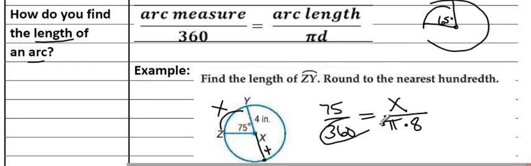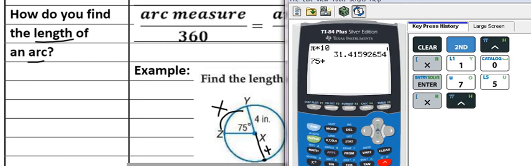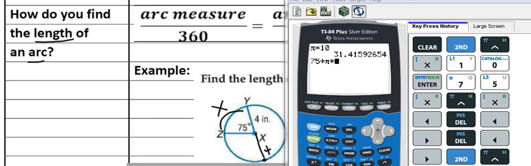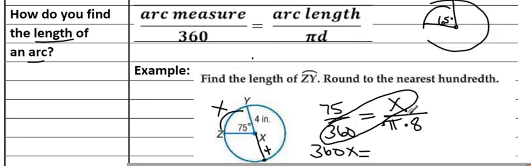And then I just cross multiply. So 360 times x equals, and I can just type all this in, 75 times pi times the diameter, which is 8. So all of that is 1884.956.